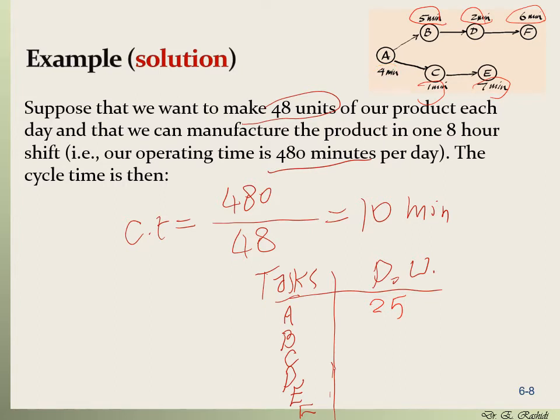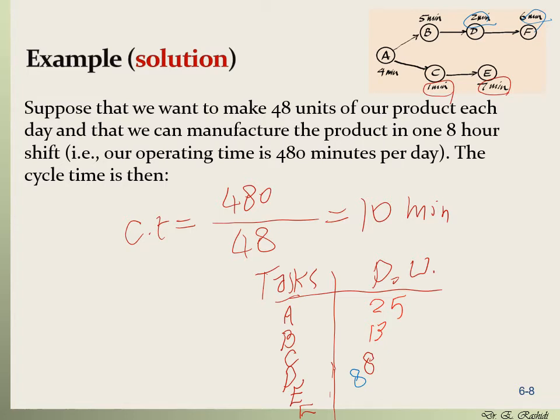For task B, that's a total of 5 minutes plus 2 minutes plus 6, so that's 13. For task C, we have 1 minute here and 7 minutes here, so that's 8. For task D, that's 2 minutes plus 6 minutes, so that's 8 as well.